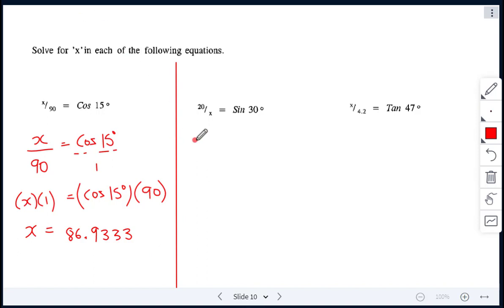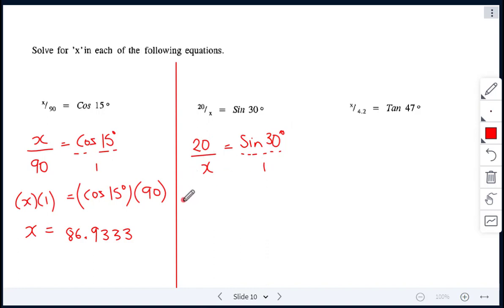Next, we have 20 over x is equal to sine 30 degrees. All right, so same thing. We have to use cross multiplication, assume this is over 1. So 20 times 1, and then x times sine 30.